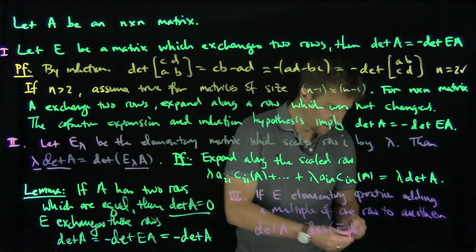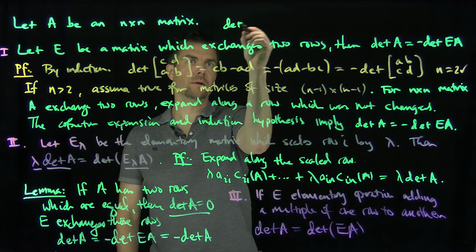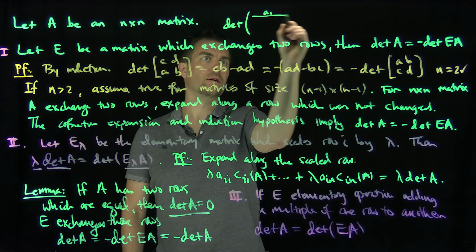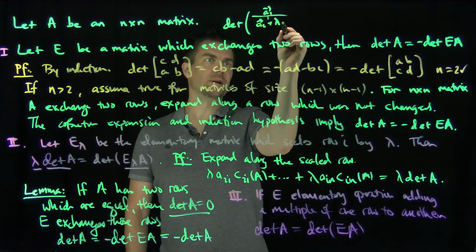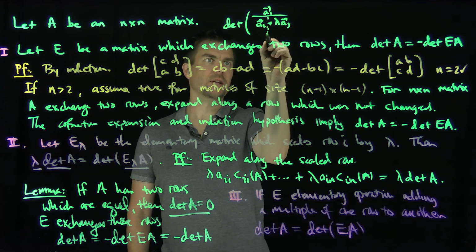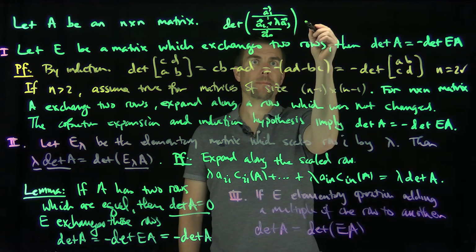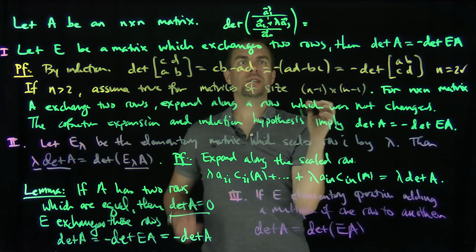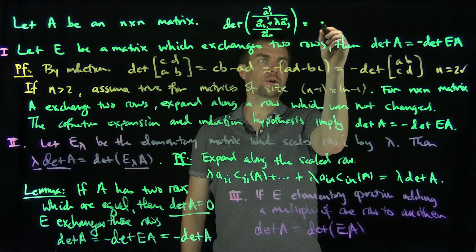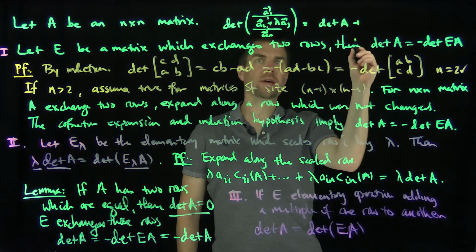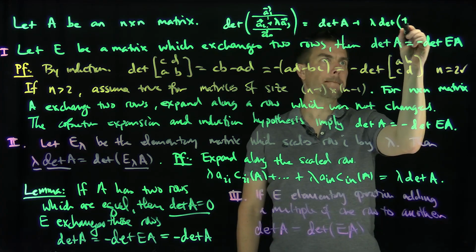If, for example, we're computing the determinant of a matrix with rows A_1, and then in the ith row a_i plus lambda a_j, down to A_n, then by the linearity of the determinant, by cofactor expansion along this row, you would get the ordinary determinant of A, and then lambda times the determinant of a matrix with two rows the same.